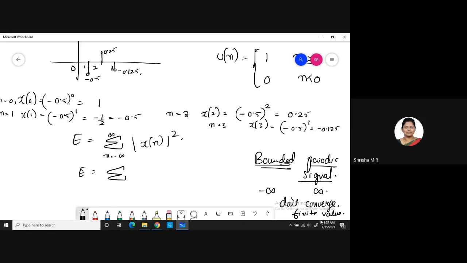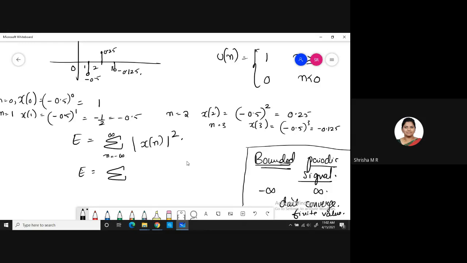So their energy will be infinite and power will be finite. I'll tell you the difference at the end. This is converging, so it's an energy signal. We shall see such problems also.